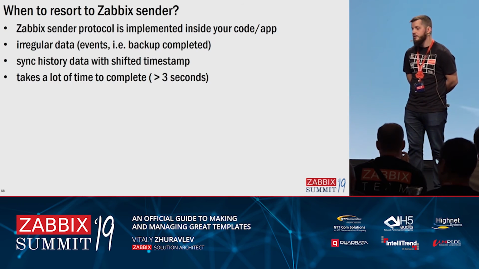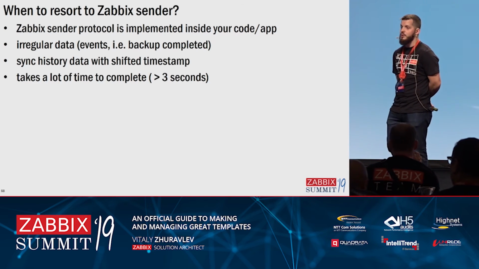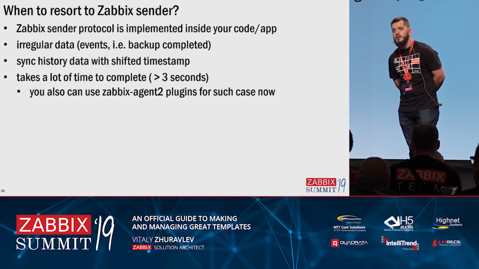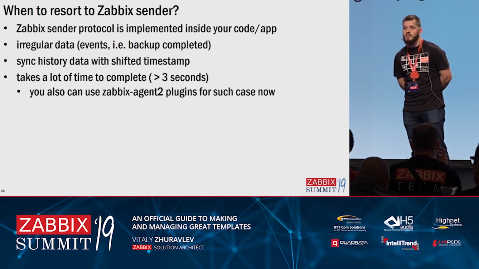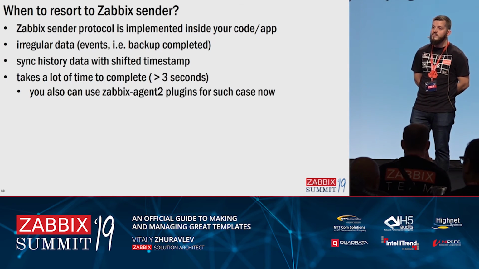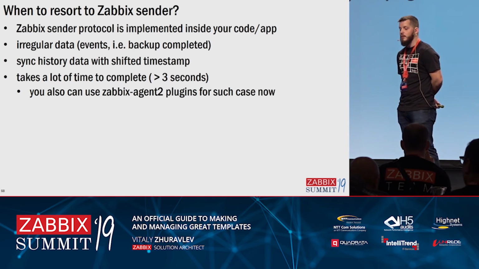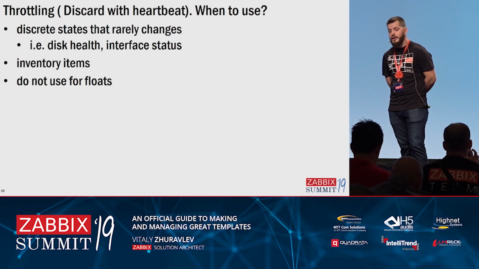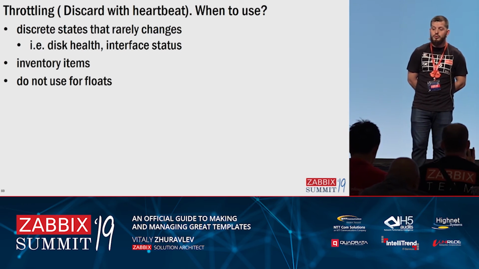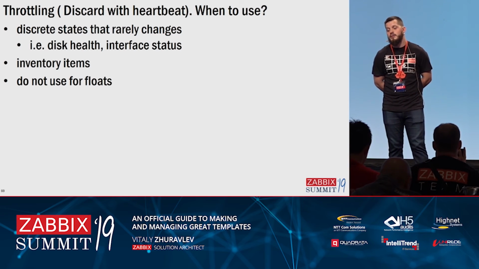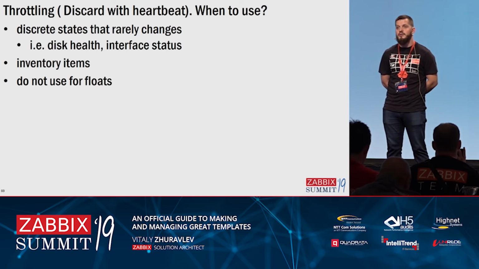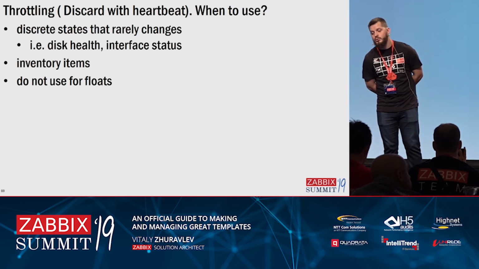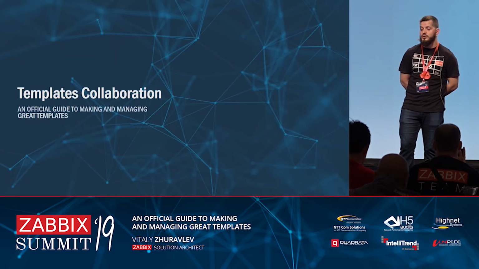And if your script takes a lot of time to complete, like more than 3 seconds, I guess, but actually in Zabbix Agent 2, thanks to the new architecture, you can use long-running checks now. Throttling, you should use it when you need to collect and check some discrete states, inventory items, but this is not really useful for floats.